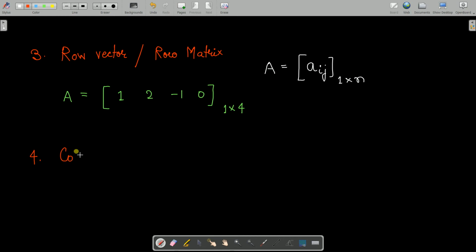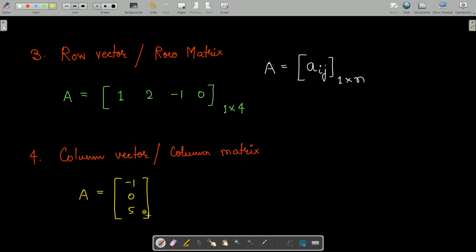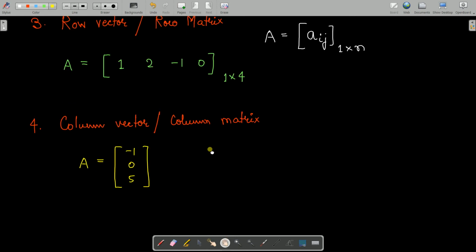Second, we have a column vector, or simply a column matrix. How to represent it? It will have a single column, so let's say minus 1 0 5. So this is a single column. And how to represent it?